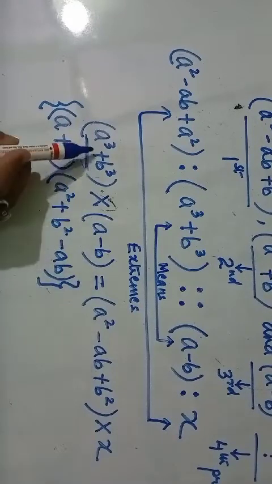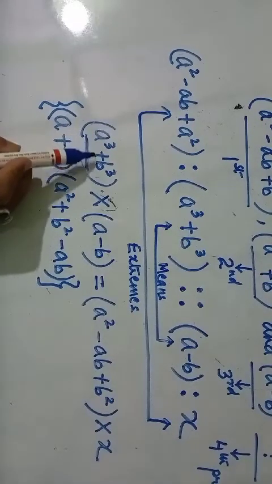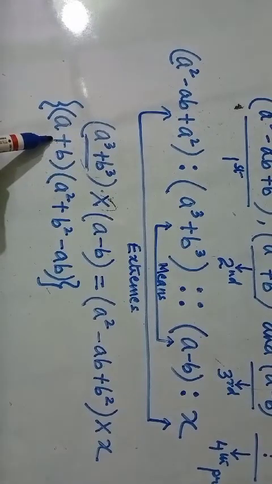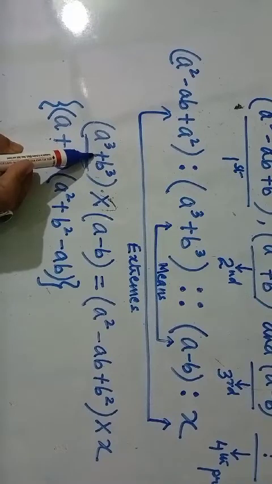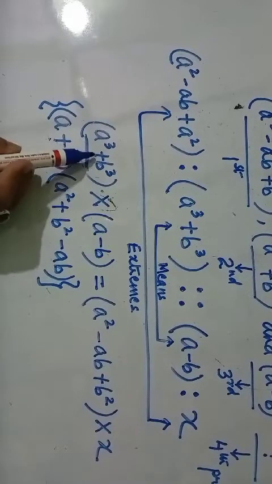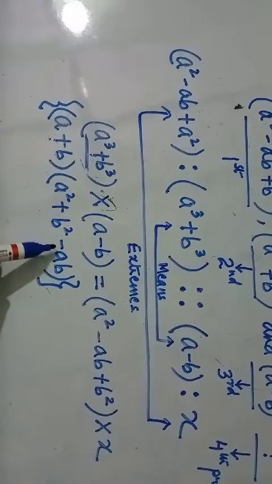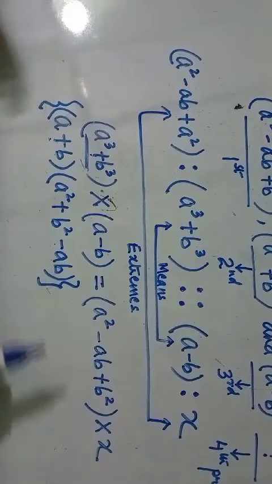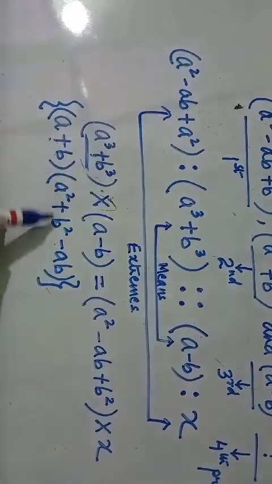Similarly, had it been a cube minus b cube, then this would have become a minus b according to the sign present here. Here the sign present is plus, so this is plus. Had this been minus, this would have become minus. Now coming to the second bracket, had this been minus, then this would have become plus. So that is the only change that you have. You must know this in order to solve this question. So a cube plus b cube, this is the expansion.